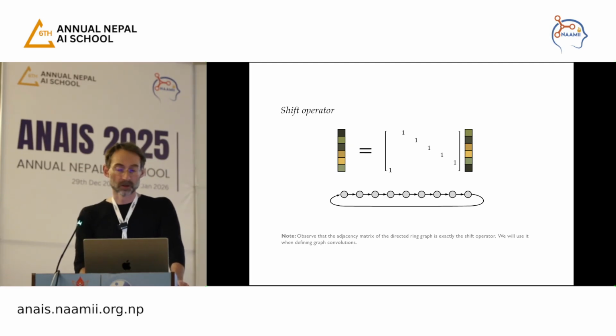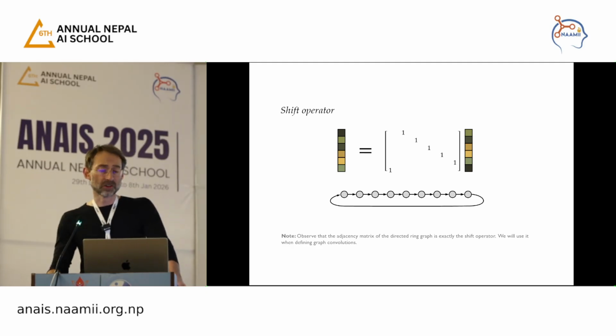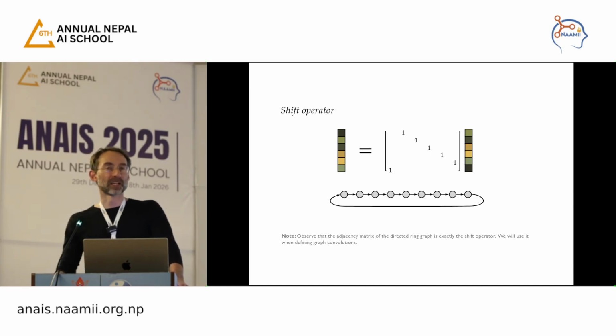Very simple. Our domain in this case is a grid, and the shift operator looks like this. If you look at it from a different perspective, you can think of the shift operator as the adjacency matrix of the ring graph. It's a directed graph.